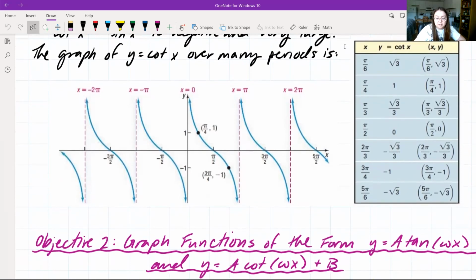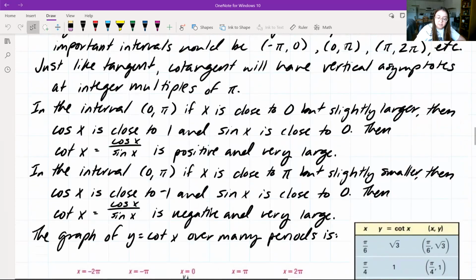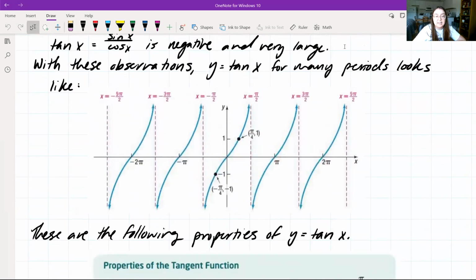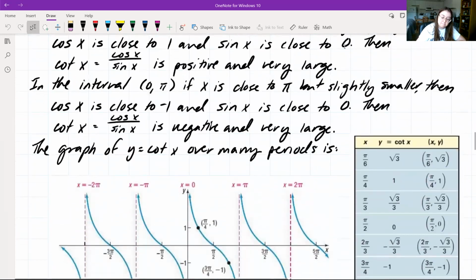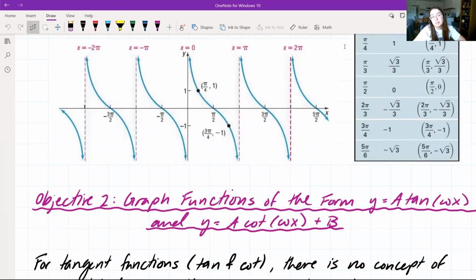All right, this gives us an idea of the difference between cotangent and tangent. They are very similar. The only thing is that cotangent is flipped and they reside on different intervals. But other than that, they are very similar.